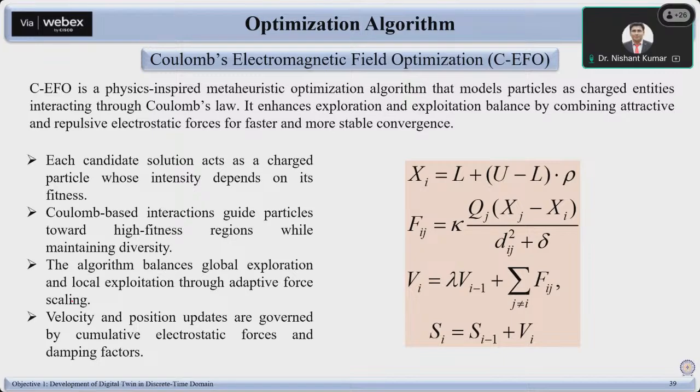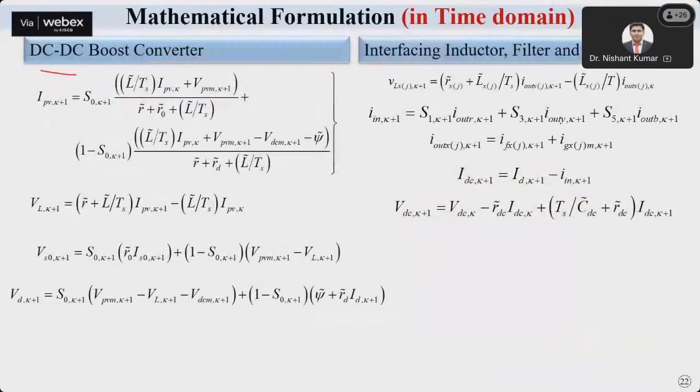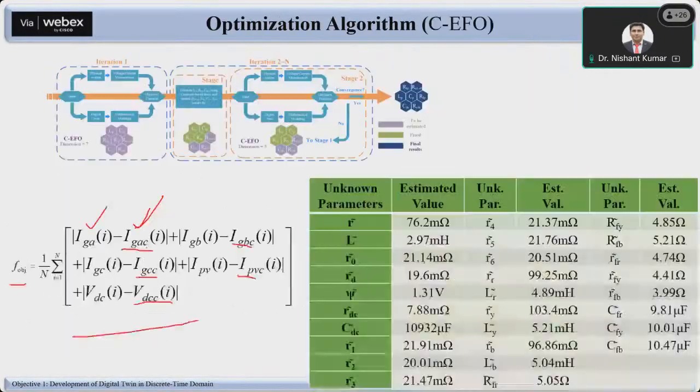Okay. And once your equations are ready here, this is looking simple, but this is a function of what? For example, in this equation, this information is coming from the sensor, IGAI, but IGAC, the C means calculated one. This calculated one is coming from where? This set of equations. This set of equations is the function of what? All unknowns.